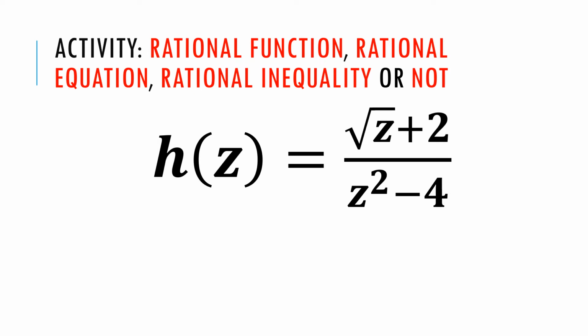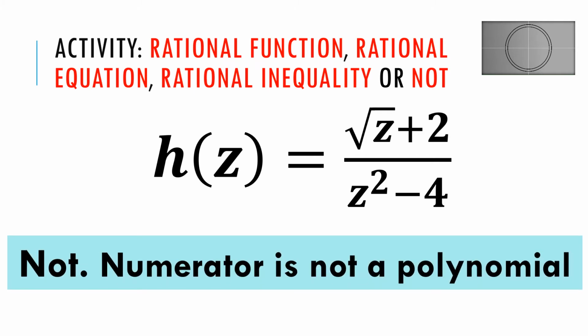Next, h of z is equal to square root of z plus 2 all over z squared minus 4. 5 seconds to answer. And time's up. What do you think is the answer? Okay, so this is not a rational function.